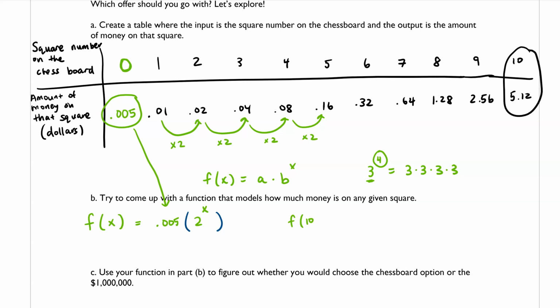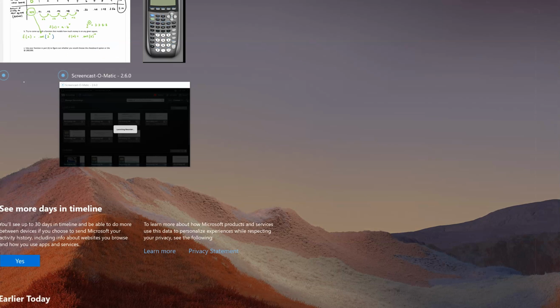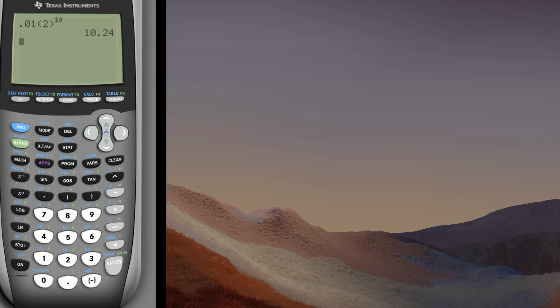If we evaluate f of 10 now on our calculator, that would mean that we would do 0.005 times 2 to the 10th power. Let's go back to our calculator and see if that gives us the correct value that we want. So I'm going to clear it and write 0.005 times 2 to the 10th power.